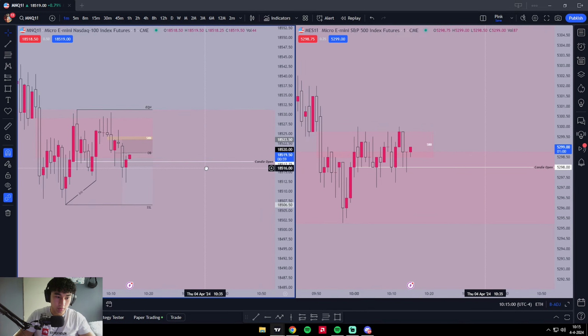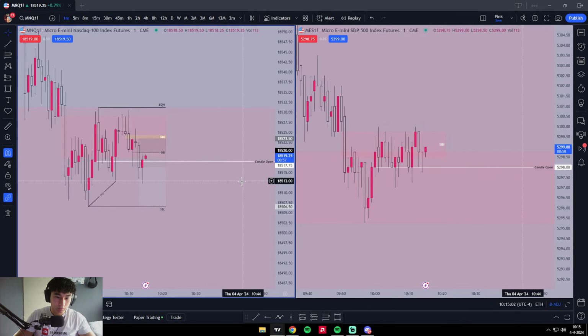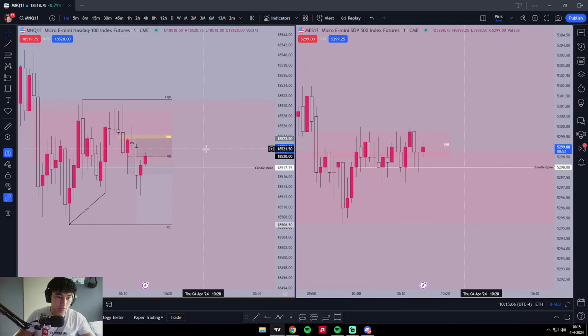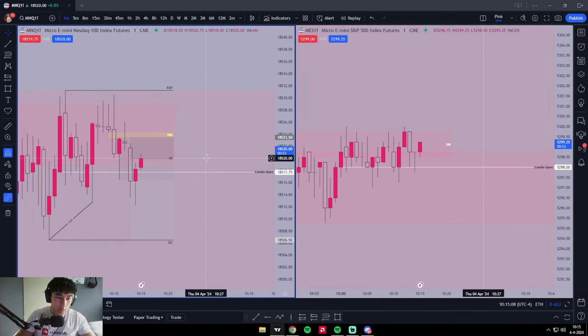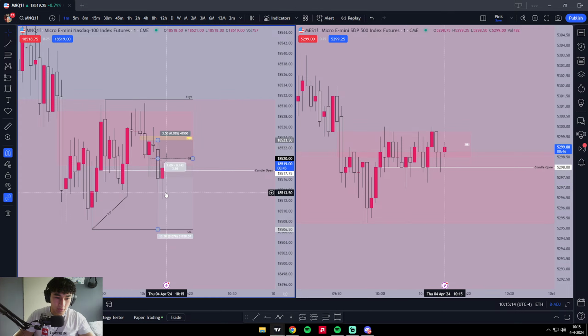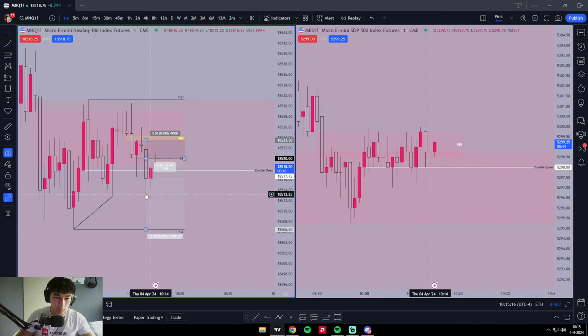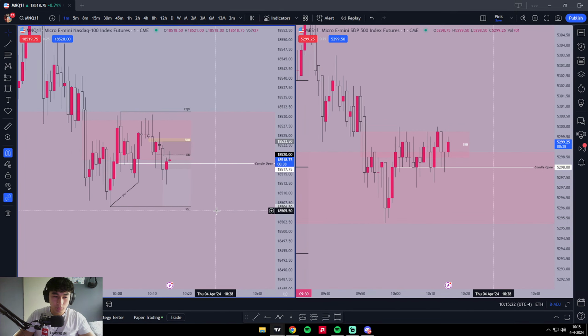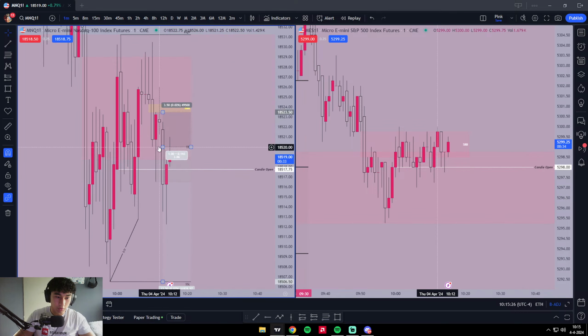Gotta remove that. That's mean threshold, there would be the entry. So I would have been tapped into here. I don't like these wicks though. Just step there and back inside of that range. Mean threshold is holding now.